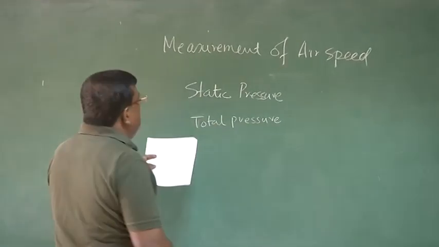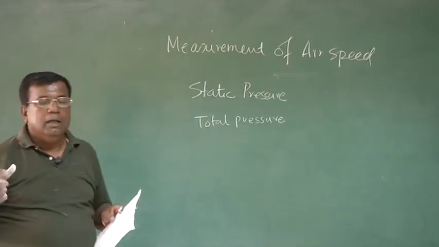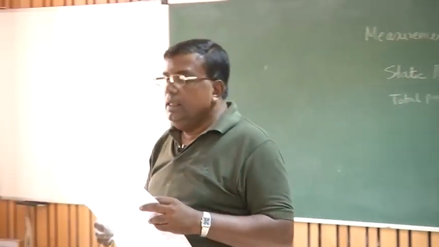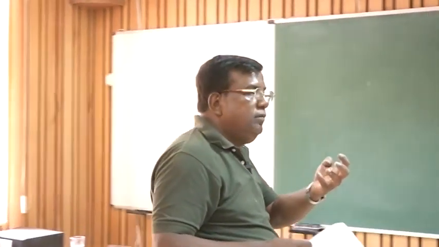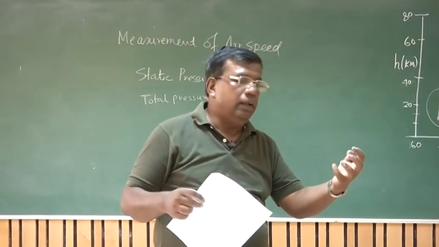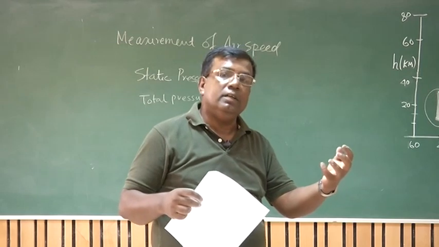When you try to understand total pressure, imagine a stream of fluid is flowing, right? And you want to stop this fluid motion very slowly, and then what sort of pressure you will feel is what is total pressure, right?